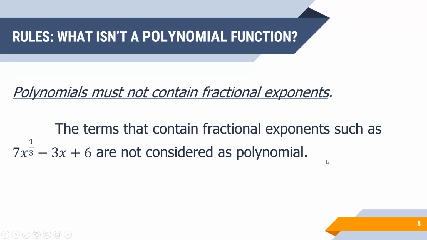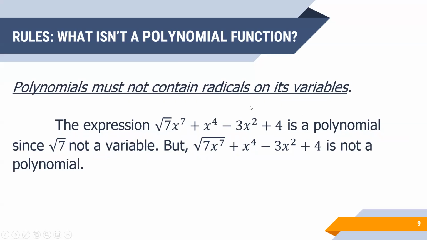So terms that contain fractional exponents such as 7x raised to 1/3 minus 3x plus 6 are not considered polynomials. Again, a polynomial function must not contain a fractional exponent. Next, a polynomial function must not contain radicals on its variables.